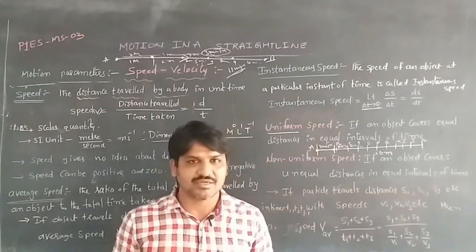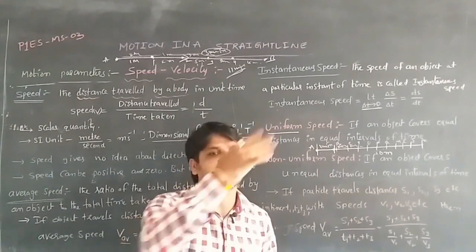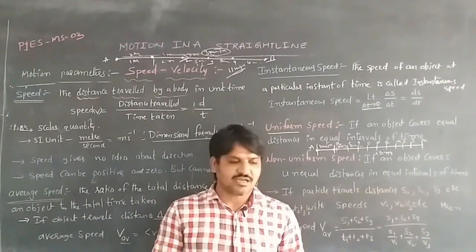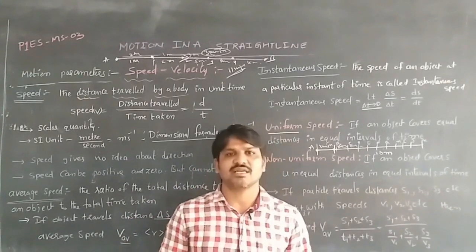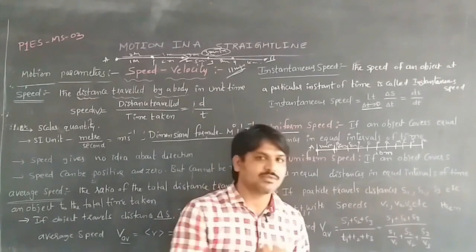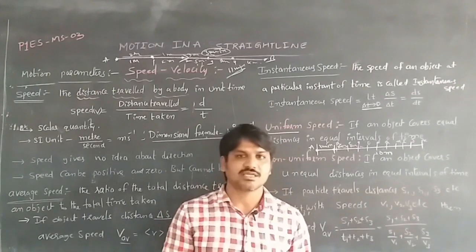Uniform speed means, if we are traveling from one place to another place that is 30 kilometers away, the first 10 kilometers is completed in 1 hour, the second 10 kilometers also takes 1 hour, and the third 10 kilometers also 1 hour.